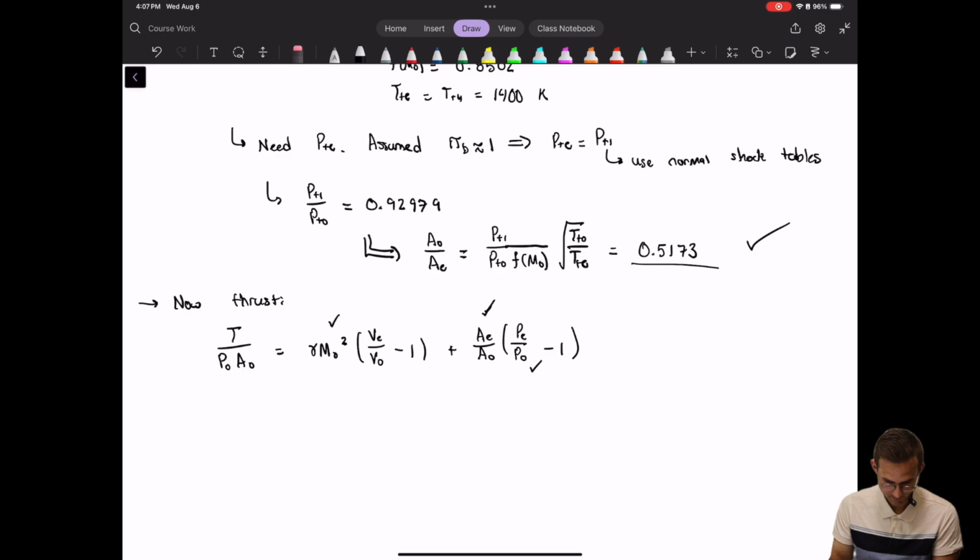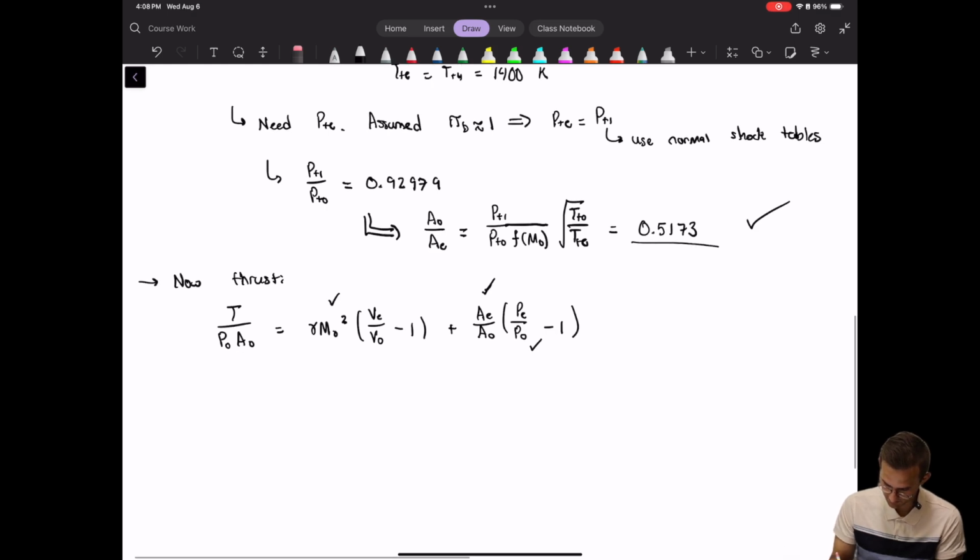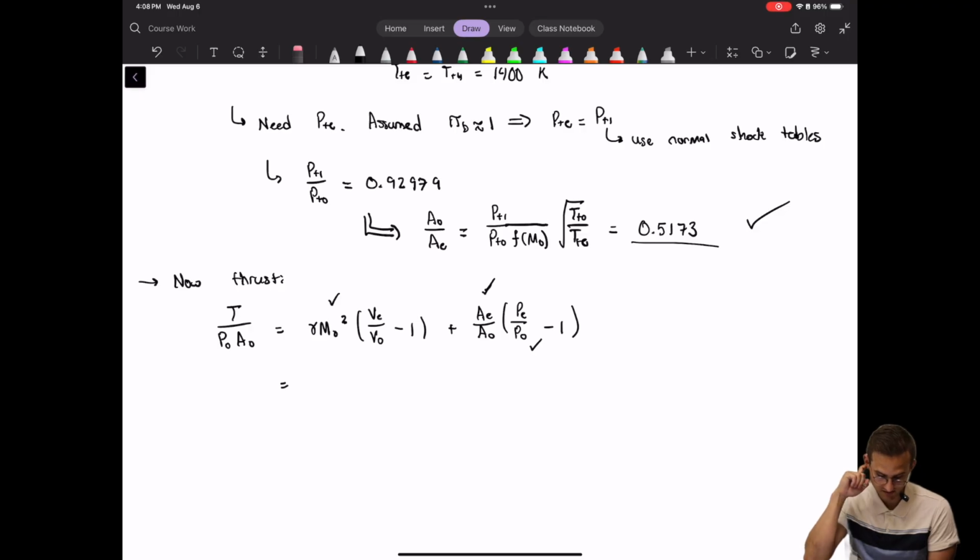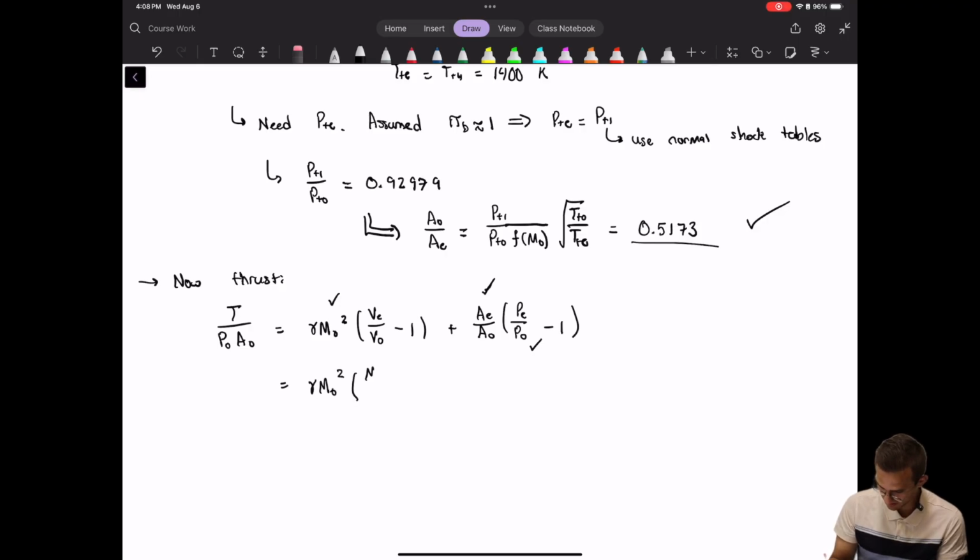That's given. We know what M naught is. And so first off, we should decompose that velocity fraction and write it in terms of the Mach numbers. You'll almost always be doing that. So that just becomes ME over M naught times the square root of TE over T naught.